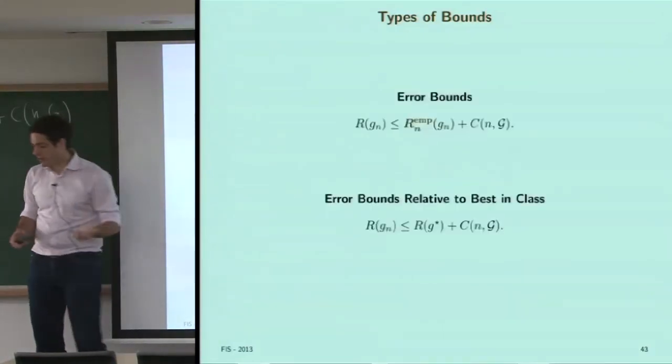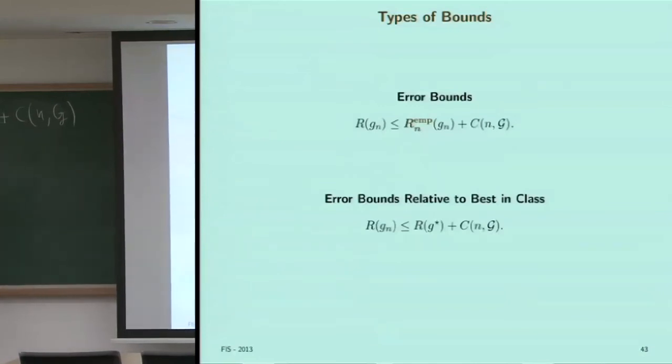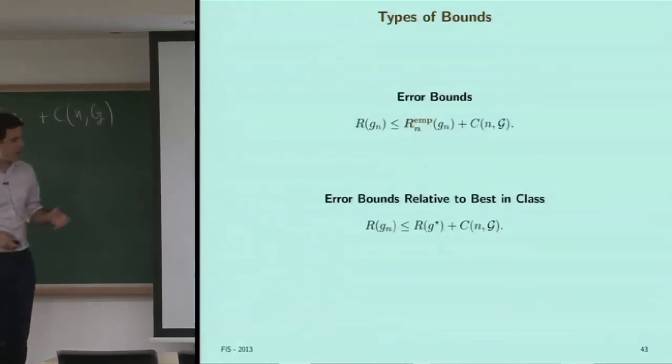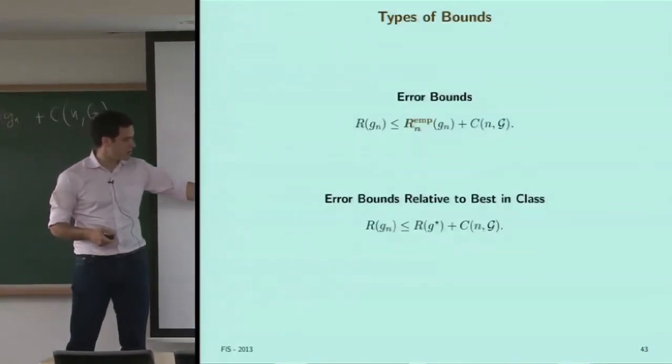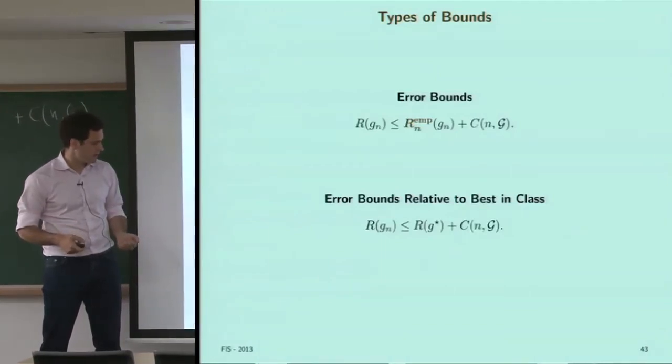There are other types of bounds which you can consider. Typically, one of them is called the error bounds related to the best in the class.